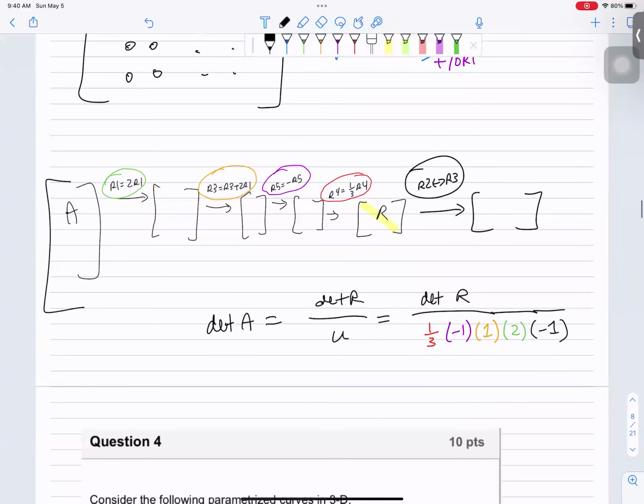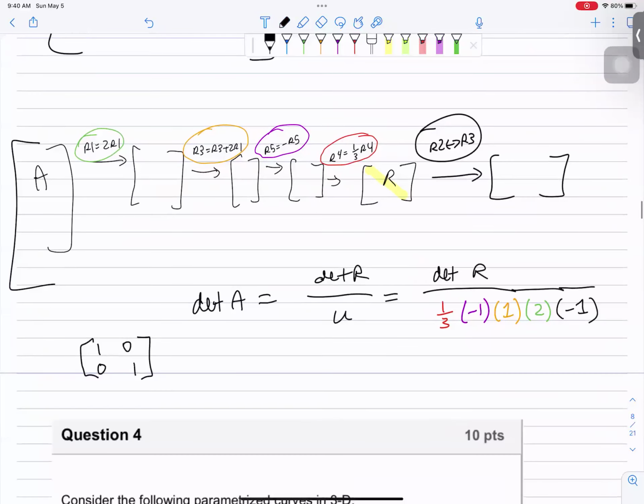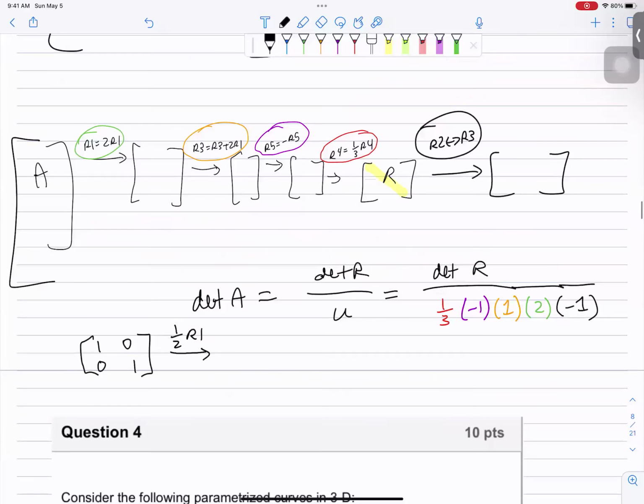Okay, let me do a small example so everyone understands a little bit. Let's say I have an identity matrix. I feel like people are always confused with the rescaling. But let's say I do a half of row 1, so I get a half 0, 0, 1.